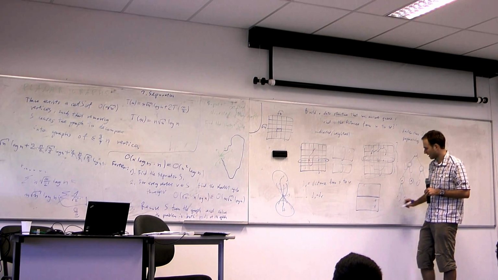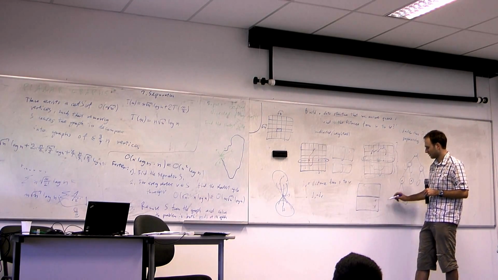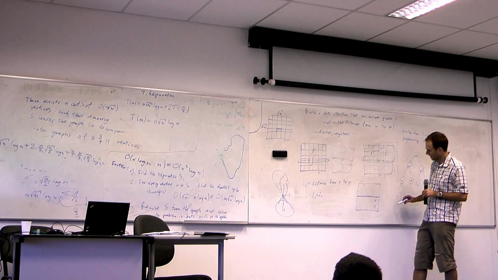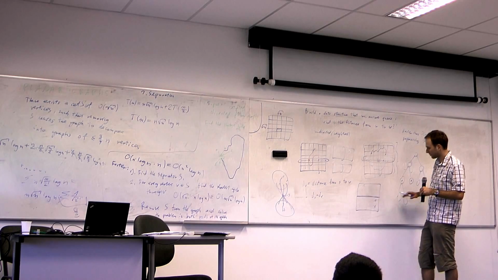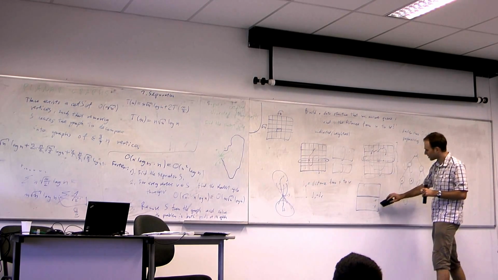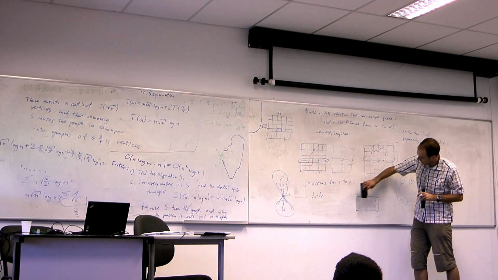So for every possible vertex of the separator, we check the concatenation of the path to the separator and the other side, and we get some candidates for the shortest path. And then we recurse on the side in which they both belong.